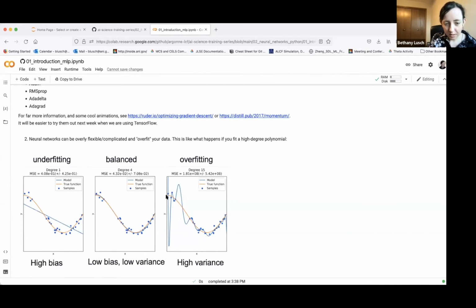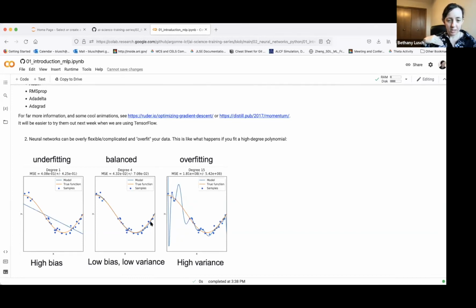And we can see that there's too much variance in there for the real true function, which is orange, which is much simpler. And the balanced thing would be a degree 4 polynomial, which doesn't hit all the points, but pretty nicely matches the real curve.